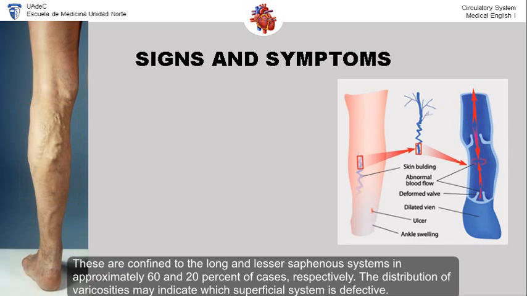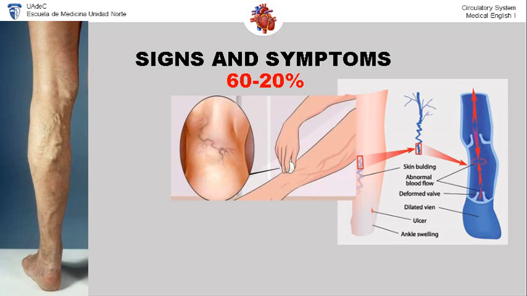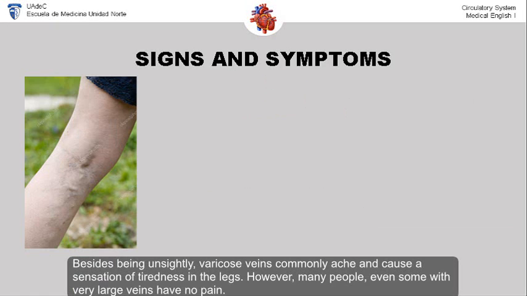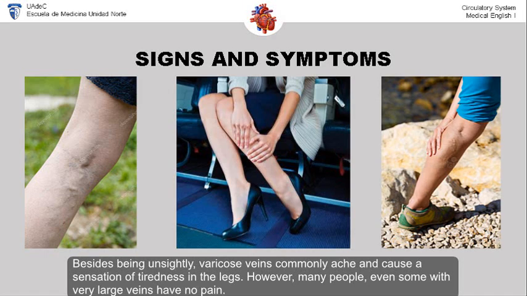Now, in some symptoms, the presence of tortuous dilated subcutaneous veins is usually clinically obvious. These are confined to the great and lesser saphenous systems in approximately 16 and 20% of cases, respectively. The distribution of varicosities may indicate which superficial system is affected. Besides being unsightly, varicose veins commonly ache and cause a sensation of tiredness in the legs.